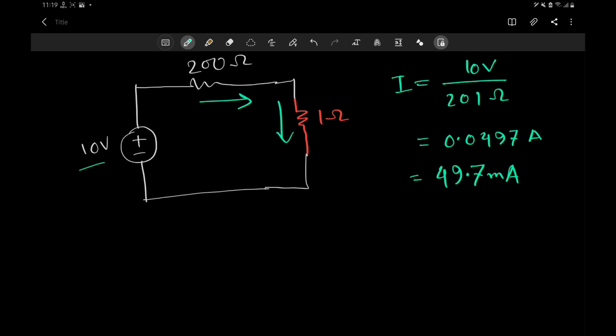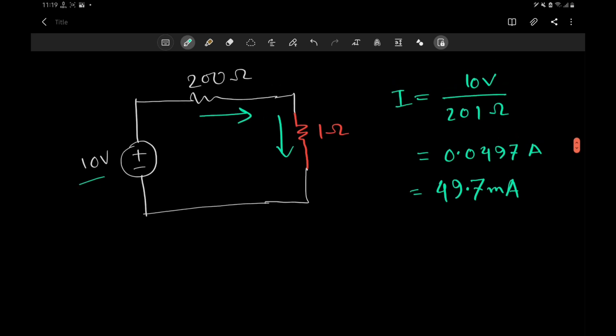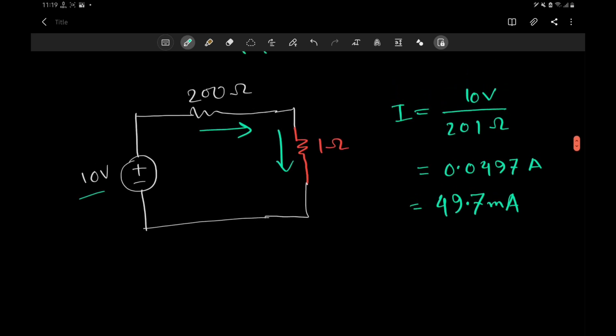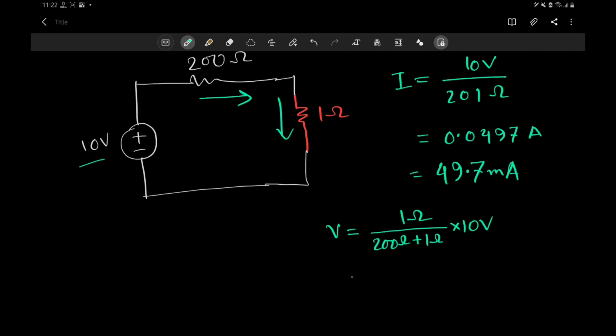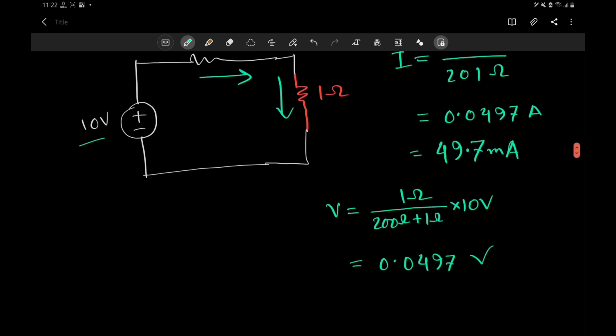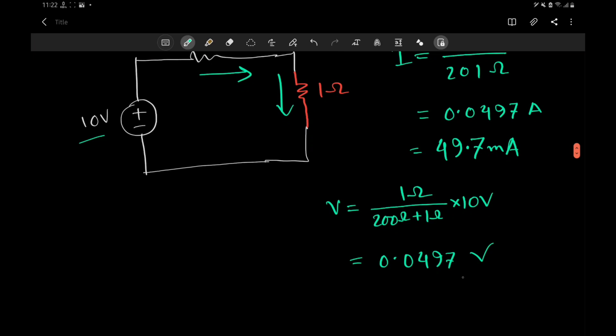The current is higher, but now the problem will be the voltage. If we calculate the voltage like we did using the voltage divider rule, we would get 1 ohm divided by 200 ohm plus 1 ohm times 10 volt, which equals 0.0497 volts, which is basically in the millivolt zone, right?